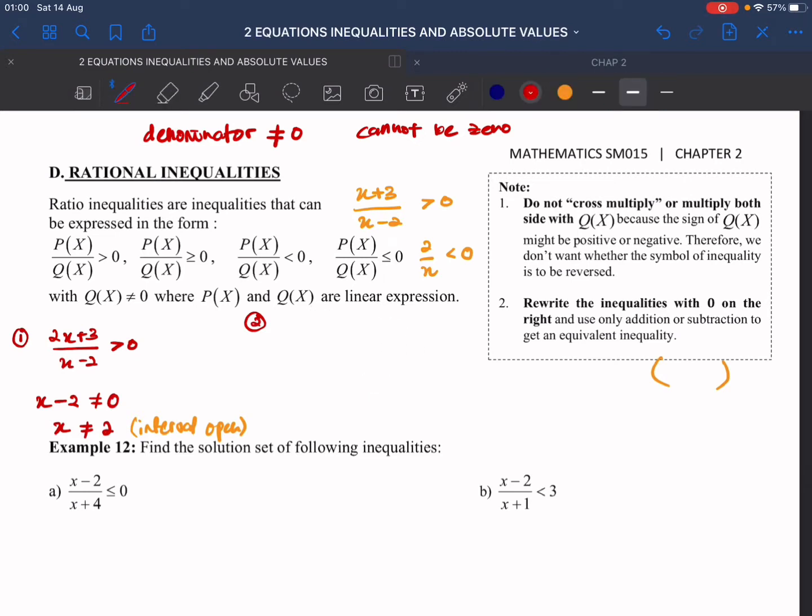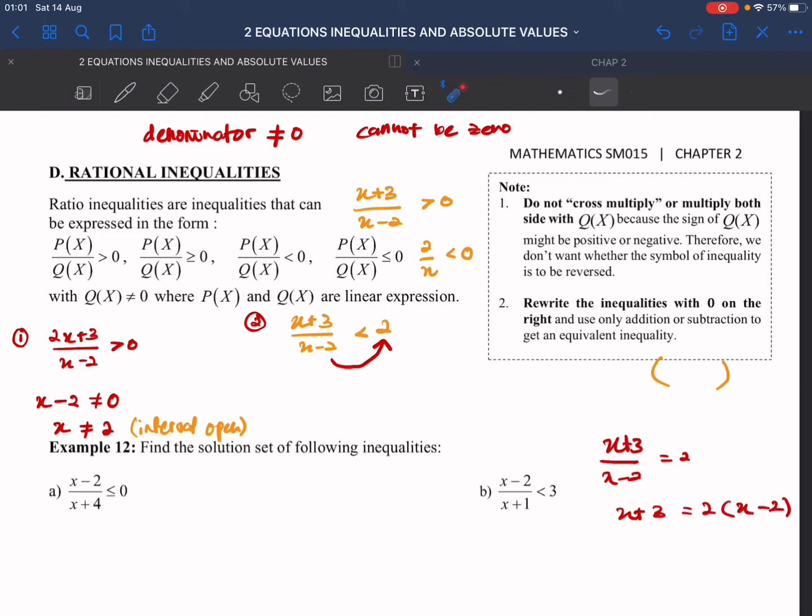Let's say if we have x plus 3 over x minus 2 less than 2, okay, what we are not supposed to do is cross multiply yang ini. Contohlah kalau kamu ada equation x plus 3 over x minus 2 equals to 2, tak ada masalah untuk pergikan ke sebelah. Okay, tak ada masalah. Tapi now we are working on inequalities.